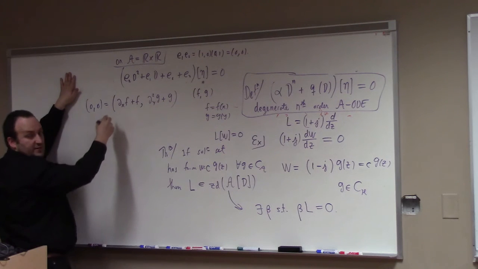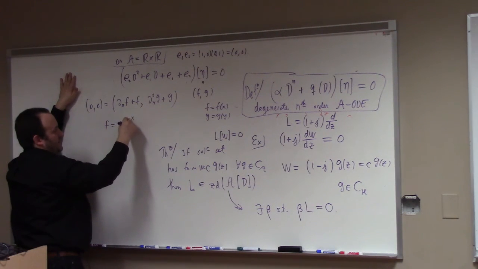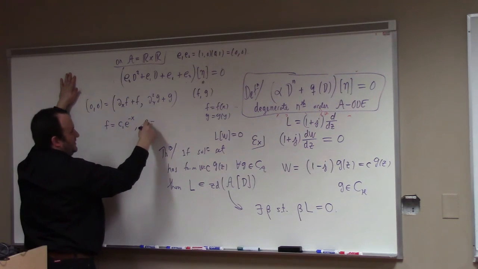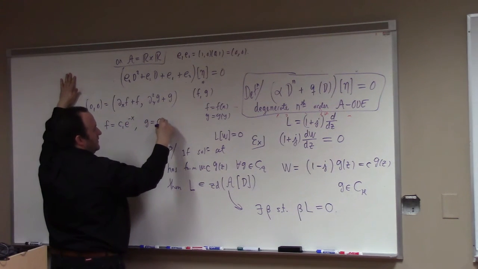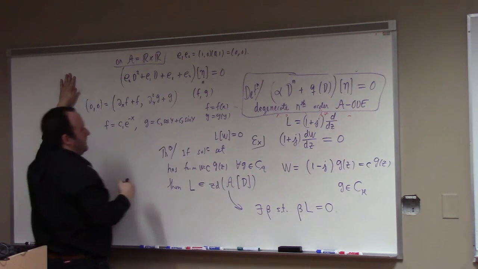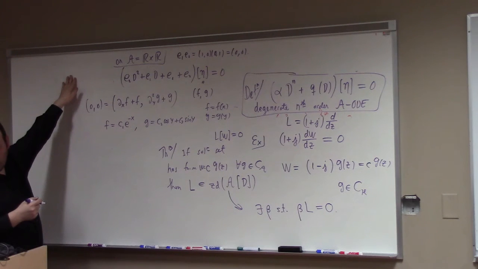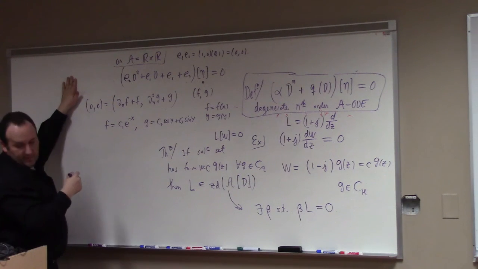So this has solution f is c1 e to the minus x, and g is c2 cosine y plus c3 sine y.